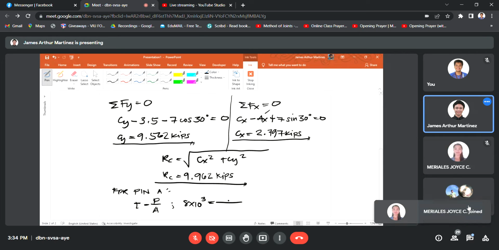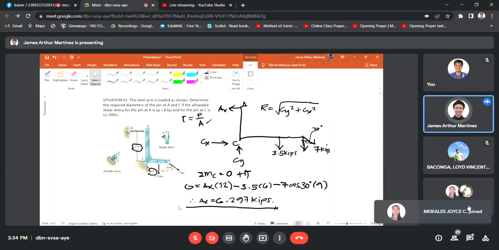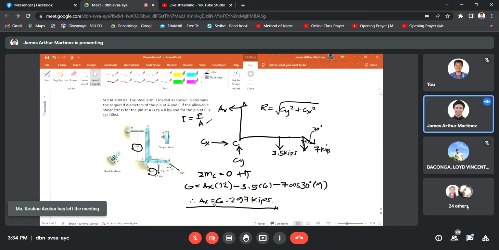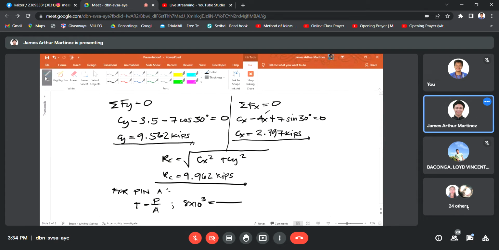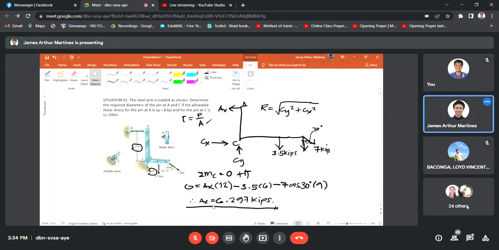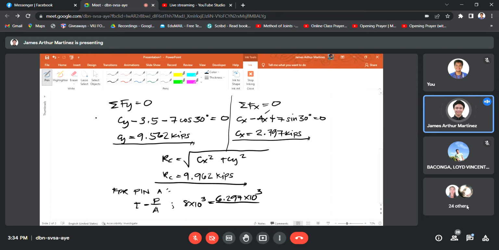equal to PA, or the reaction at point A or at pin A. And you know that it is Ax, so 6.297 kips, all over the area. And since it is a pin and a diameter is stated, the pin is circular.